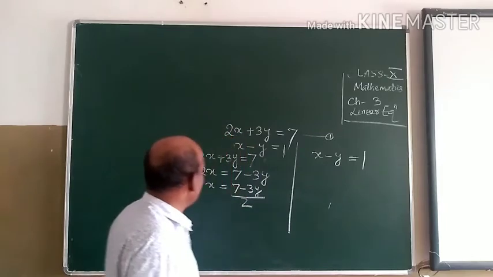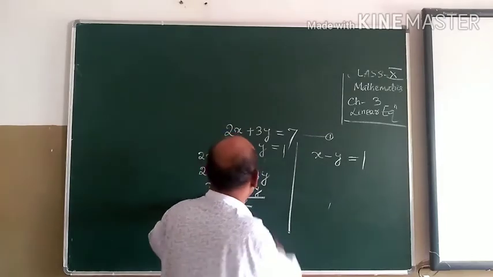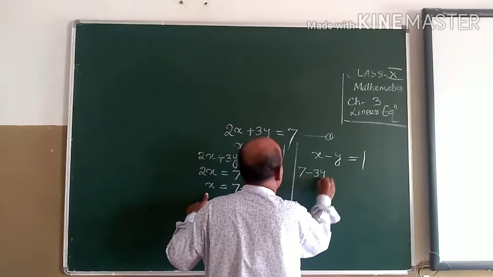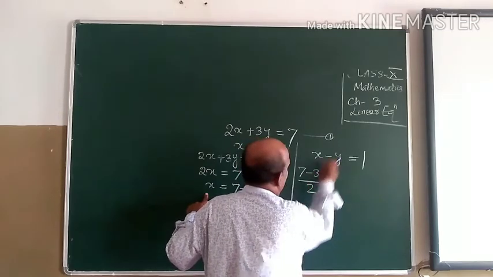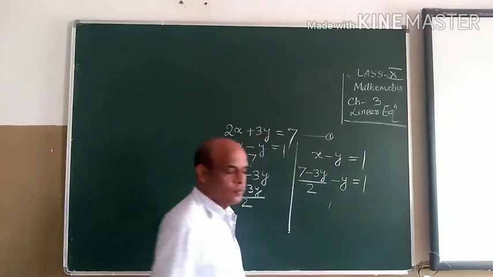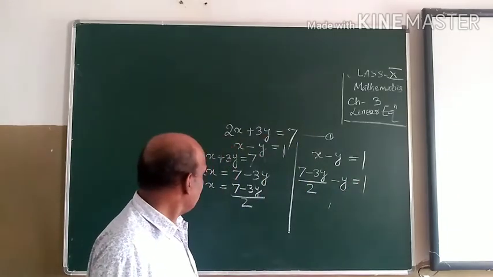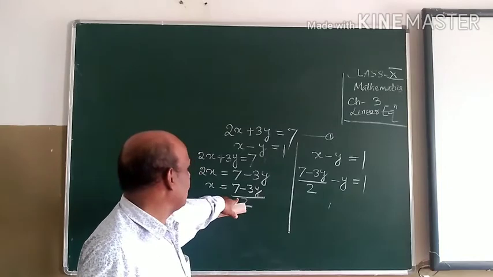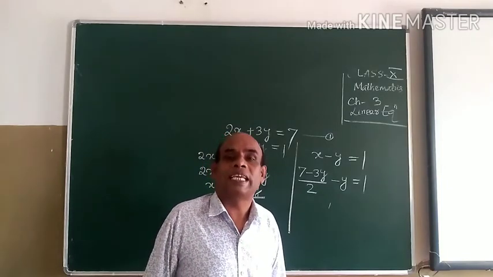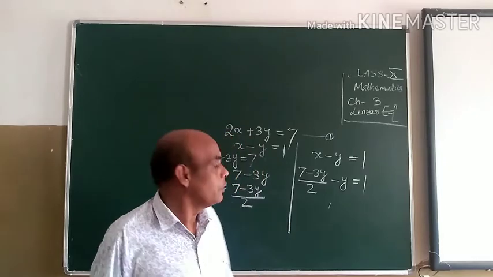So now put the value of x. The x value is 7 minus 3y divided by 2, then minus y is equal to 1. So I just put the value of x in equation number 2.